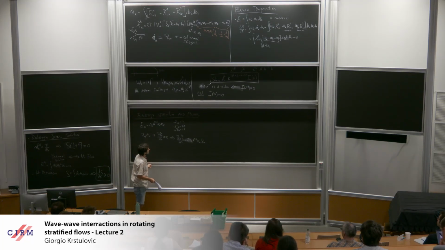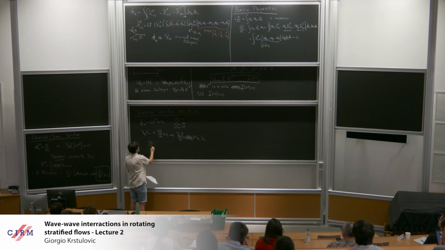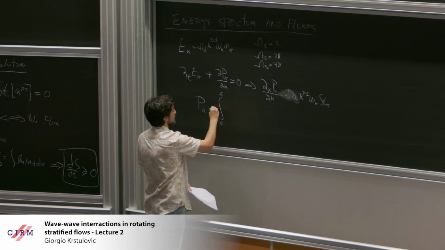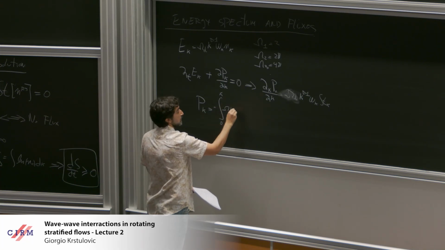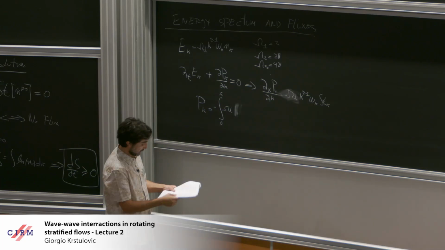Okay, and now this, as a function of k, has an explicit solution in k. You can just integrate between 0 and k of this guy that is there. This is omega alpha, if you make the sum.